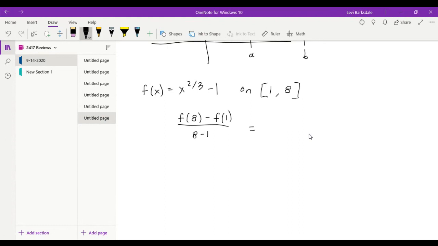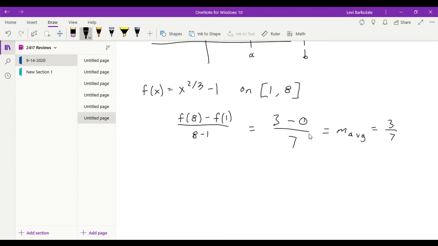And of course, f of 8 is 8 to the 2/3 minus 1, which is the cube root of 8, which is 2, squared, so 4, then minus 1, which is 3, minus f of 1, so 1 to the 2/3 is just 1, minus 1 is 0, over 8 minus 1 is 7. So our average slope, I'm going to write that m_avg equals 3 over 7.